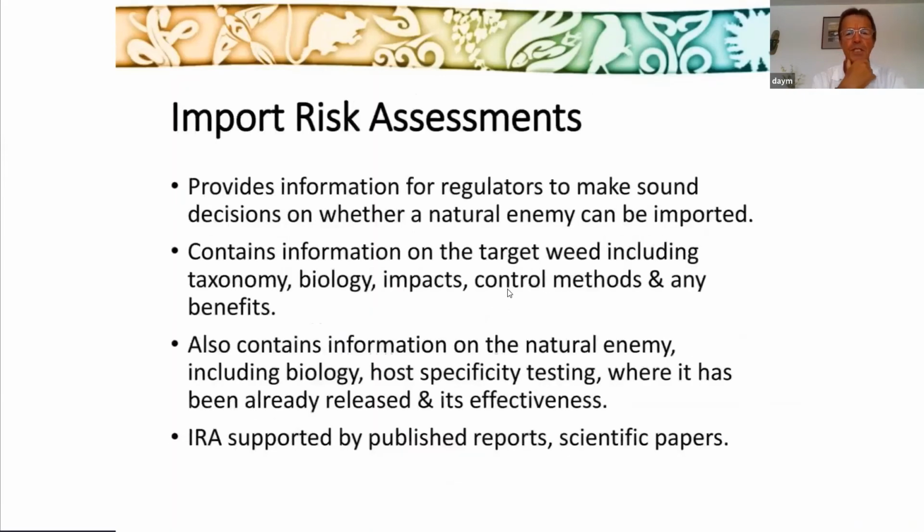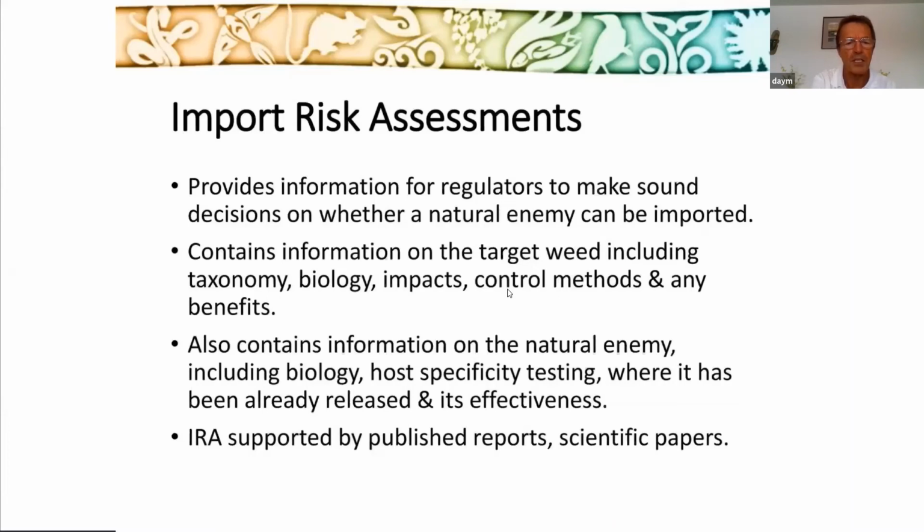And so these import risk assessments, this is where we provide as much information for the regulators to make a sound decision on whether the natural enemy can be imported. And it can be quite a lengthy document. So it contains information on the target weed. It includes the taxonomy of the target weed, which family this belongs to.